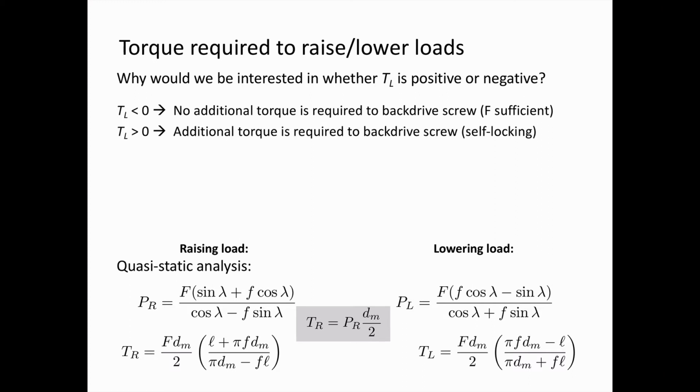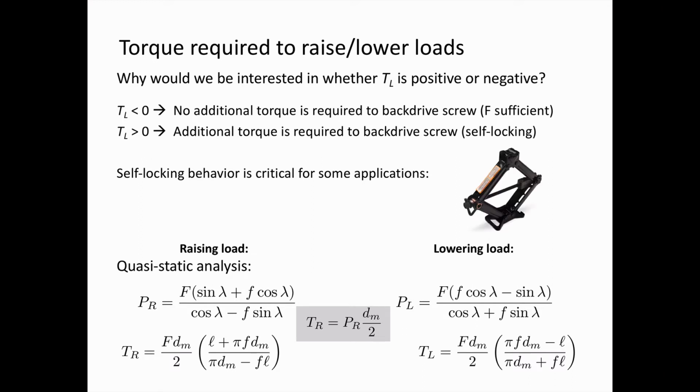If this torque is greater than zero, then additional torque is required to back drive the screw, and we say that it is a self-locking lead screw. Self-locking behavior is critical for some applications, for example, the vehicle jack that we looked at before.